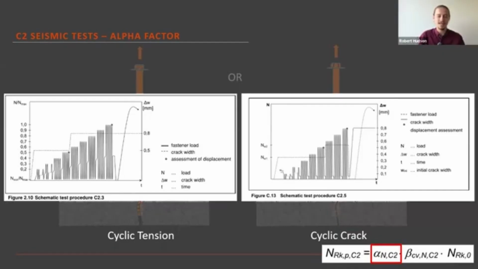The two variables that we care about here are the crack width, so that 0.8 mils, and the number of cycles that we're putting the crack cycle test through. If you have a crack width that's a little bit more than 0.8 mils, you get a significant reduction in capacity. If it's a little bit less than 0.8 mils, you get a significant increase in capacity.